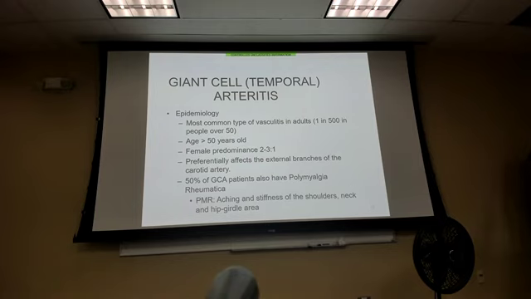Female predominance is 2 to 3 up to 1. Preferentially affects the external branches of the carotid artery. So it goes up. 50% of GCA patients will also have polymyalgia rheumatica. So PMR is that aching and stiffness of the shoulders, neck, and hip girdle area.